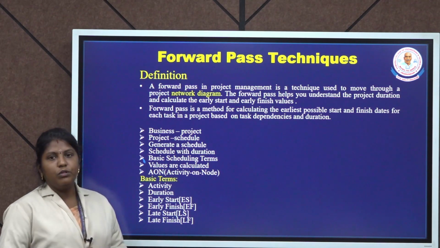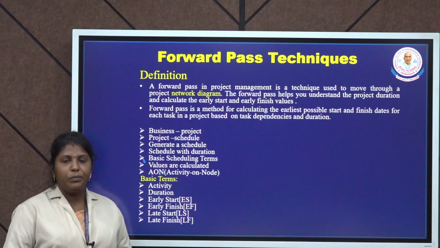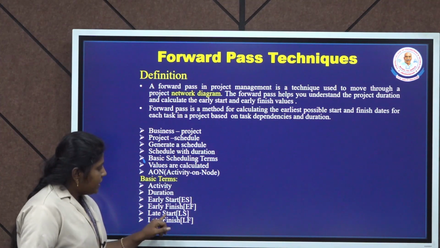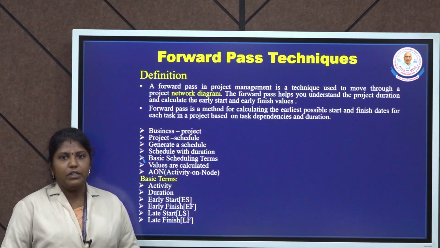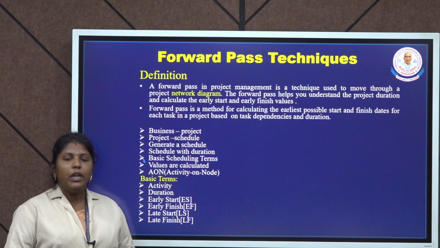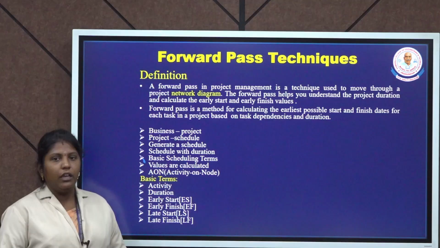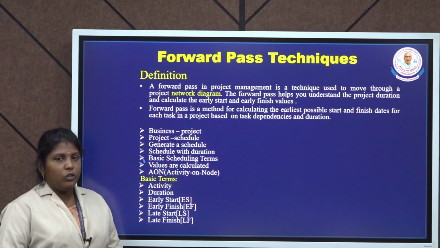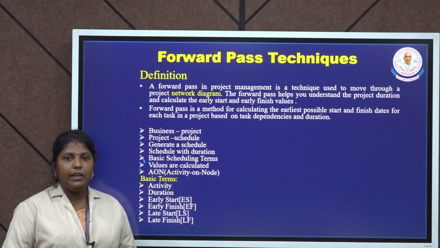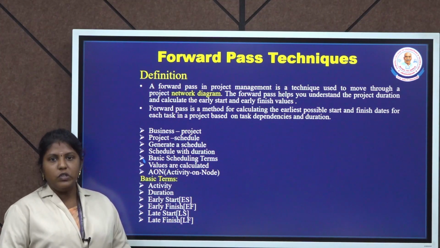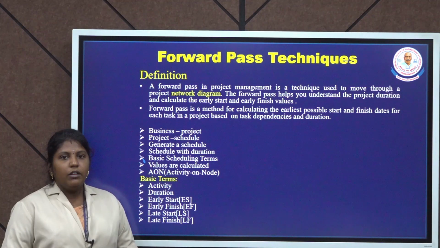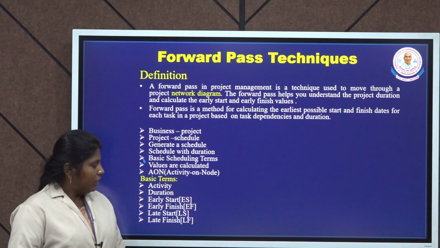Early finish means finishing the activity of the project scheduling at the earliest. Late start means starting the activity without causing any delay to the project schedule. Late finish is the same thing: finishing the scheduling activity without any delay.